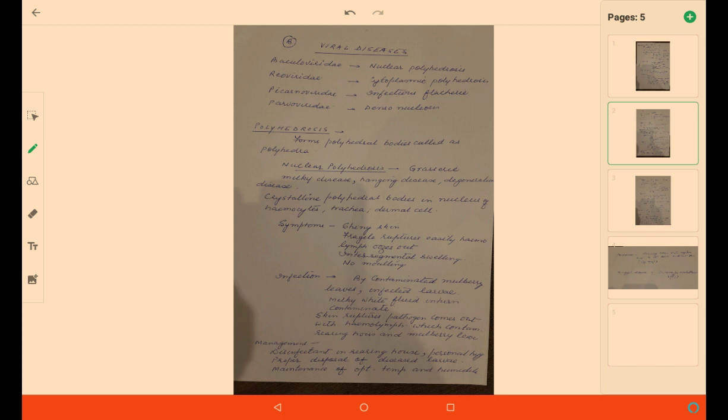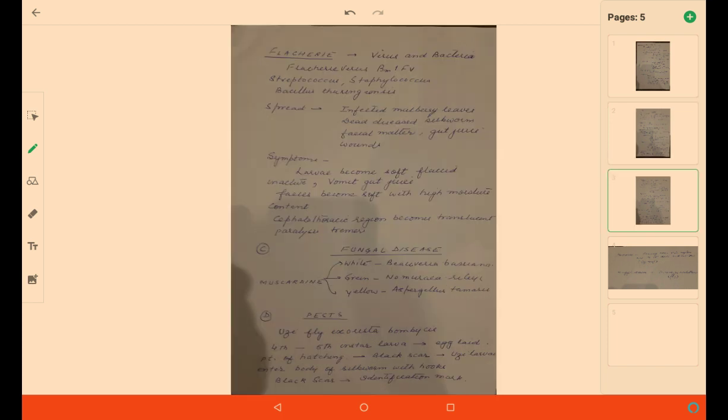Skin ruptures and the pathogen comes out with hemolymph, which also contaminates the rearing houses and the mulberry leaves. This disease is managed by use of disinfectant in the rearing houses, personal hygiene, proper disposal of diseased larvae, and maintenance of optimum temperature and humidity.